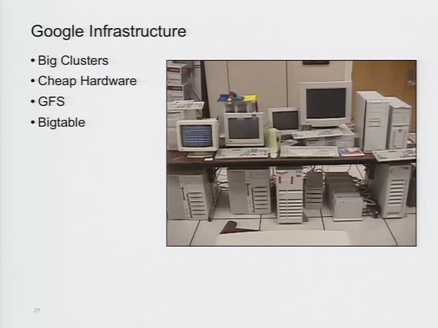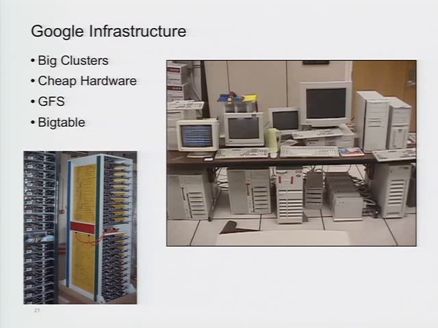Here's a particular Google cluster, right? That's actually a picture of one of the first Google server environments back at Stanford. But we tend to have racks that look like that. Our whole infrastructure is built on the assumption that we have lots and lots of relatively cheap computers.